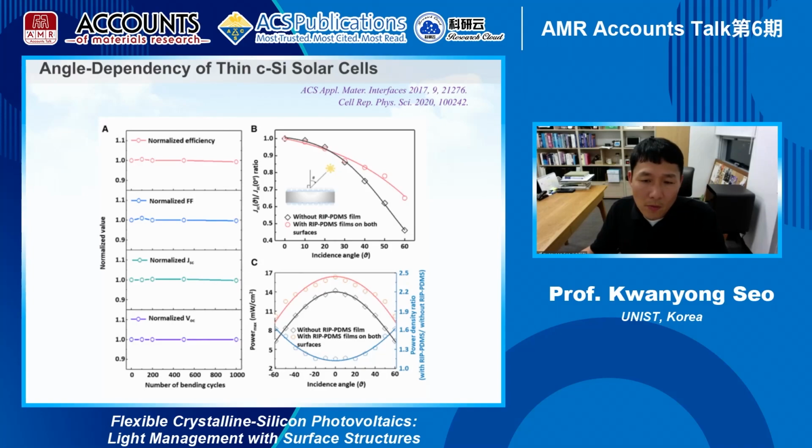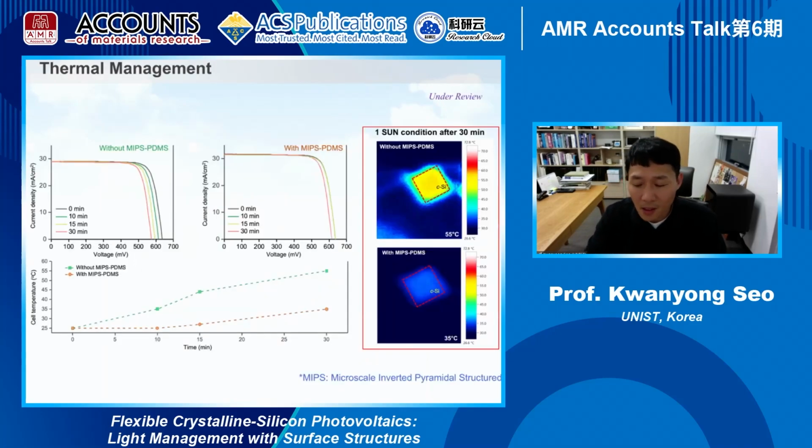And also the surface structure can show a better angle of incidence compared to the flat surface, because the sun is moving by the time of day and by the season, so the angle of incidence is very important. So with this PDMS structured film on the silicon solar cell, there is a better angle of incidence, and it is very meaningful even for practical application. So this is the last slide.